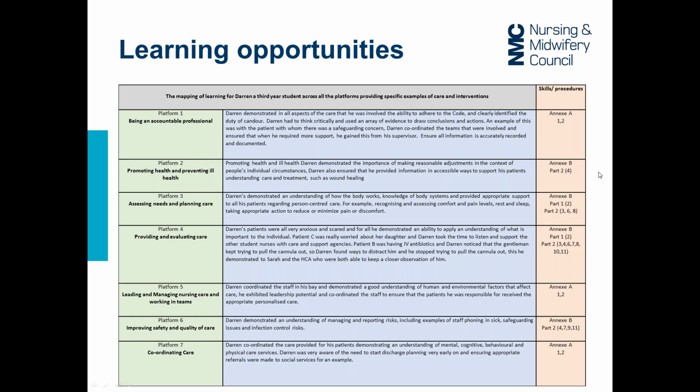However, as I said earlier, Darren's not able to demonstrate all the proficiencies in Platform 5 and 7, and in partnership with his supervisor, Darren will indicate those areas that he wishes to learn more about, whilst on placement, in order for him to demonstrate proficiency before he completes his programme of study.